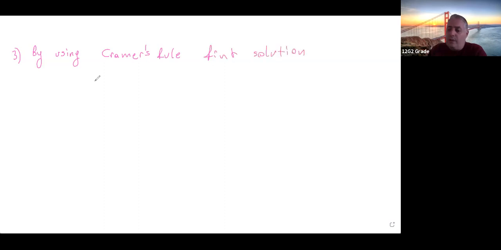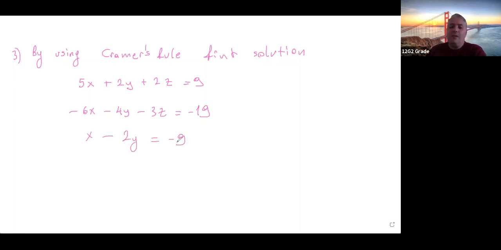Solution of what? The question is, let's say, 5x plus 2y plus 2z is equal to 9, and negative 6x negative 4y negative 3z is equal to negative 19, and then x minus 2y is equal to negative 9.